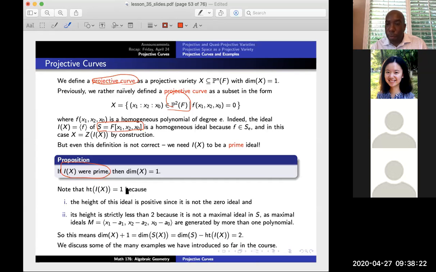Okay, yeah. Right. So if I of X is not a prime ideal, then our naive definition is totally wrong. Right, so that's the whole point here, that we really have to check in all the cases that we're going to deal with in just a minute, that I of X is a prime ideal. If I of X is prime, the definitions match, we're okay. Okay.